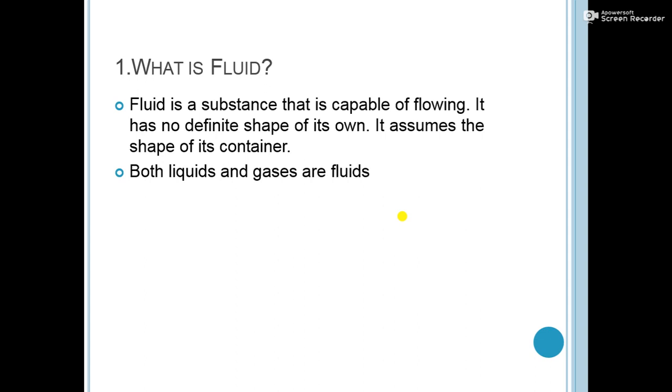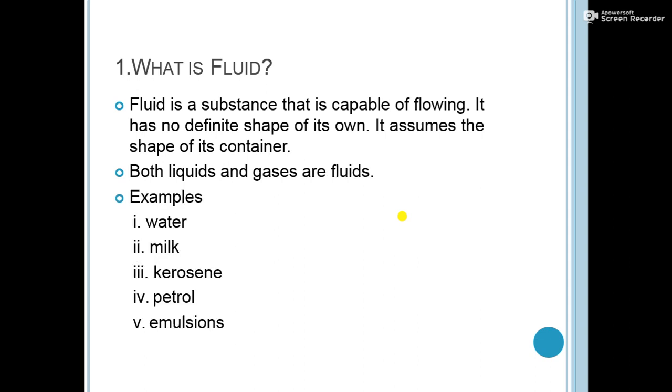Both liquids and gases are fluids. Examples of fluids are water, milk, kerosene, petrol, emulsions, etc. So, these are a few examples of fluid. The main property: if it is kept under stress or if pressure is applied on it, it flows continuously.